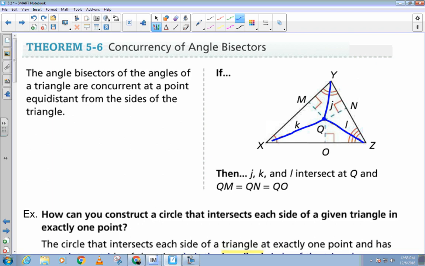And it's always perpendicular. When you talk distance, it's perpendicular distance, okay? So, each one of these perpendicular distances are the same, right? So, this tells me, oh, this point where they intersect, right there, it is called the incenter.